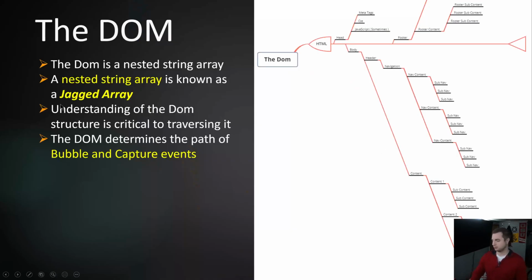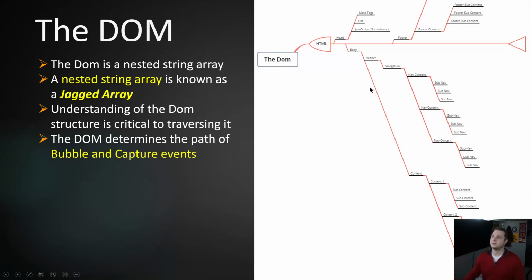Okay, so let's move on and start talking about why some of these things are the way they are. So the first thing that we got to do is we have to establish the DOM. And what the DOM stands for is Document Object Model. And this is essentially a standard way of organizing your HTML.